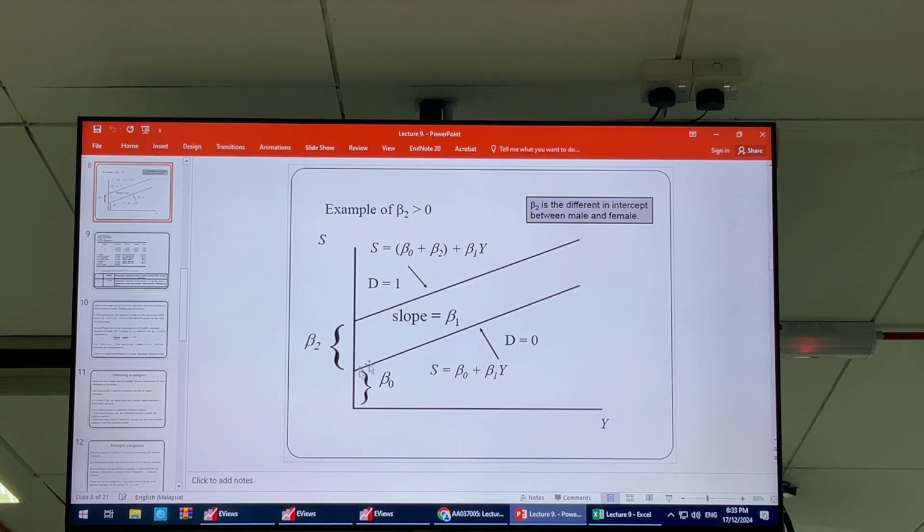Male, when D equals 0, is our reference category. Reference means that we compare the other category to this one. So as compared to male, female has an additional part of the intercept equal to beta 2. This is our male, our reference category, so we just include the variable for female. Okay.